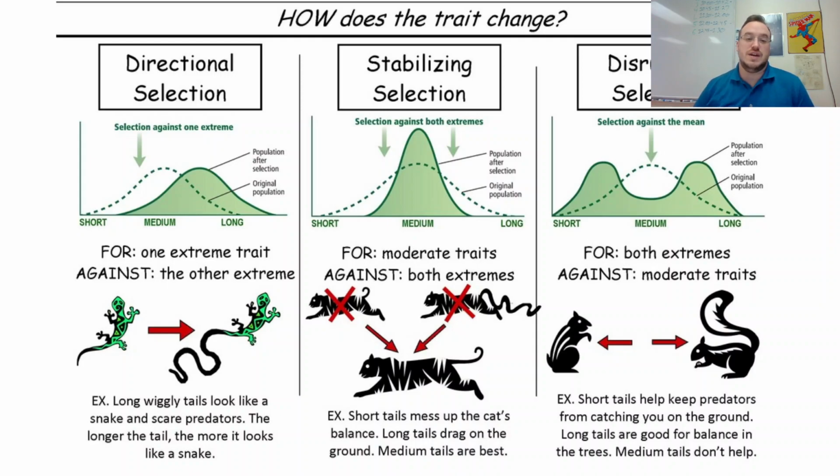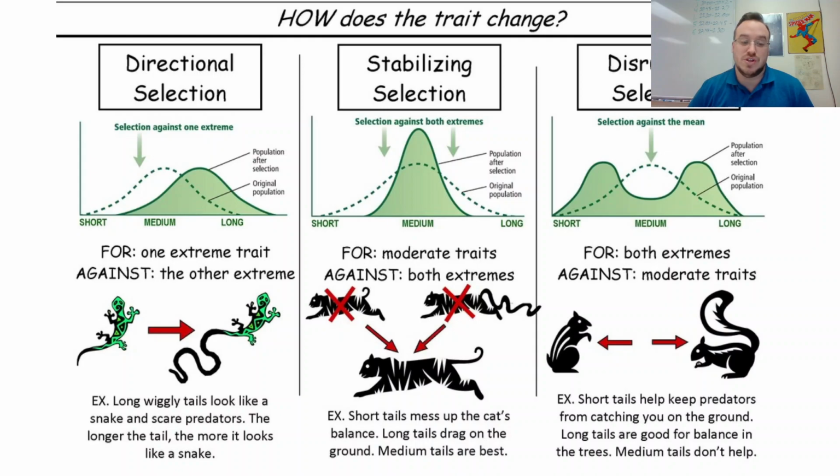All right. So directional selection is going to select against one extreme on this kind of bell curve of allele frequencies. Right? So the example here is a tail length for a lizard. Right? So a long wiggly tail can look like a snake and scare predators off, but it also makes it easier to catch.